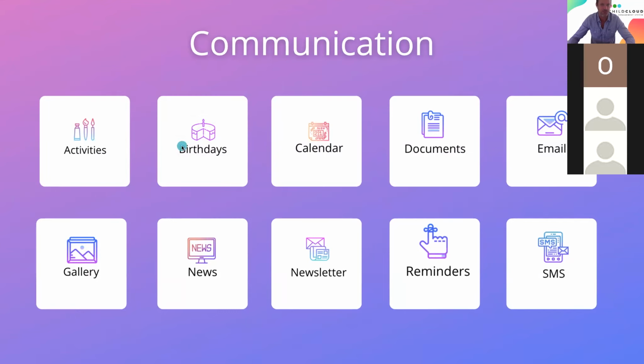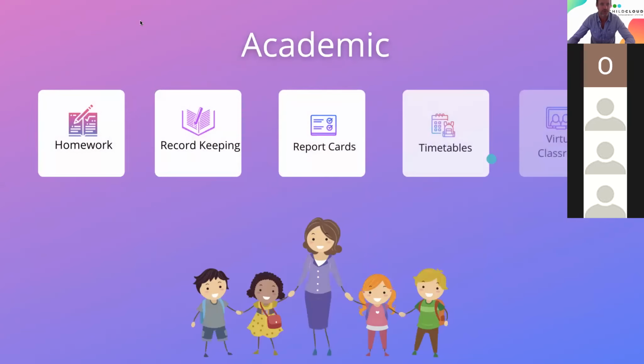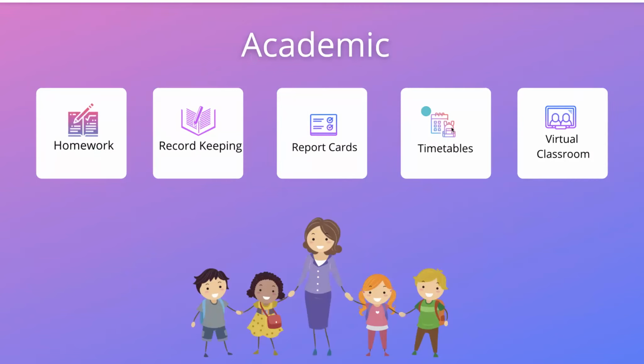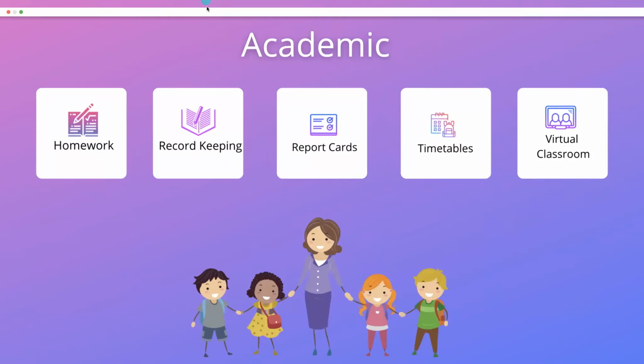You've also got the birthdays module, the calendar module, the documents, email, gallery, news, newsletters, reminders, and SMSs. I'm going to go through these in more detail shortly, so that's why I'm going through them quite quickly. And then the last one is academic. We've got the homework module, record keeping, report cards, timetables, and the virtual classroom.